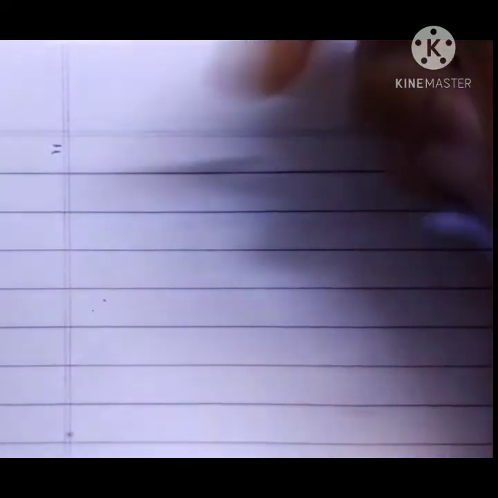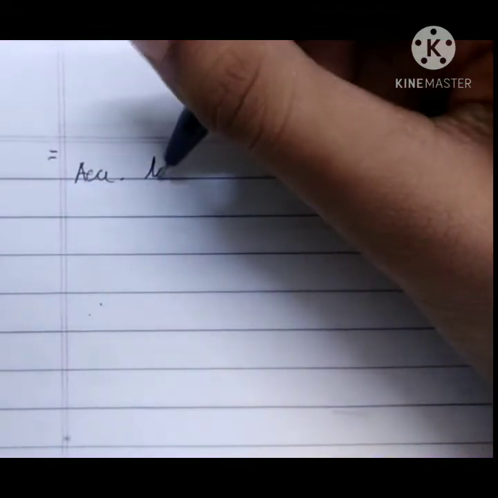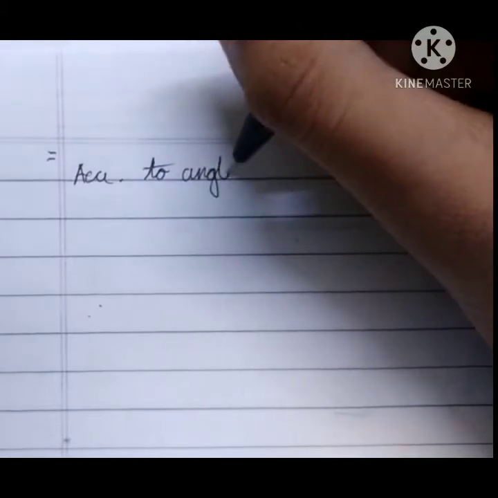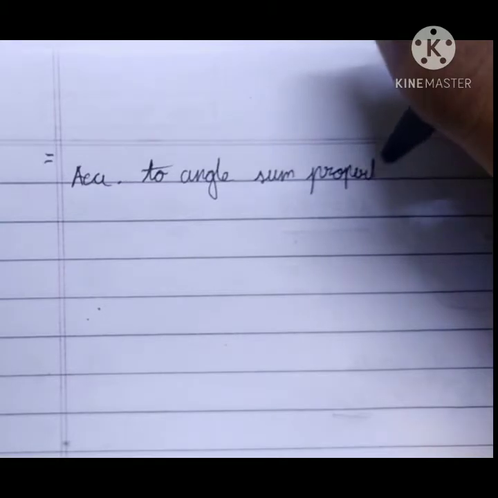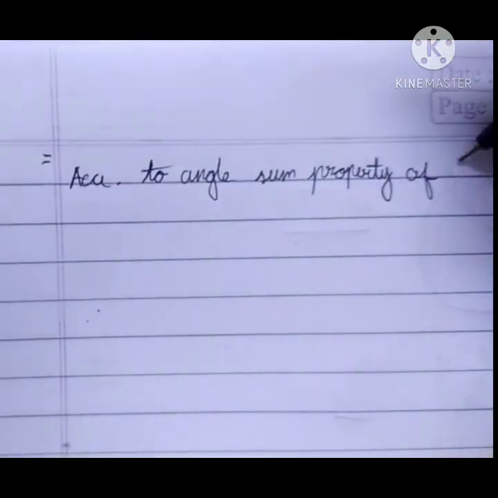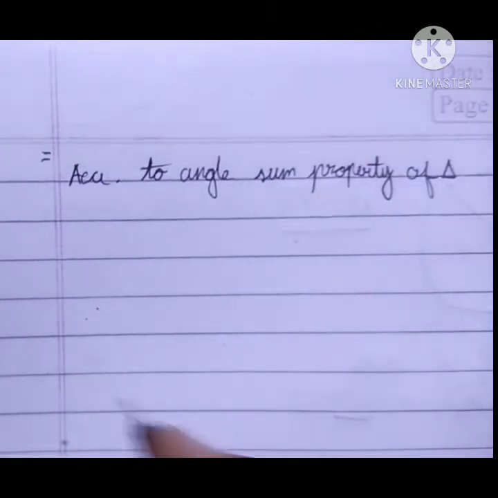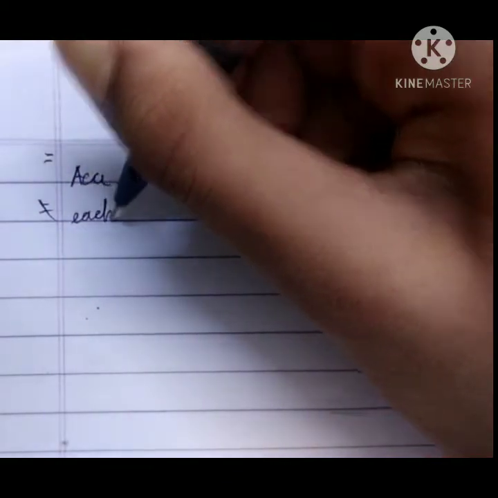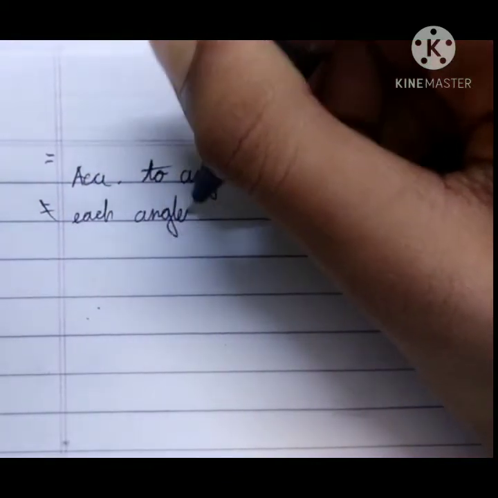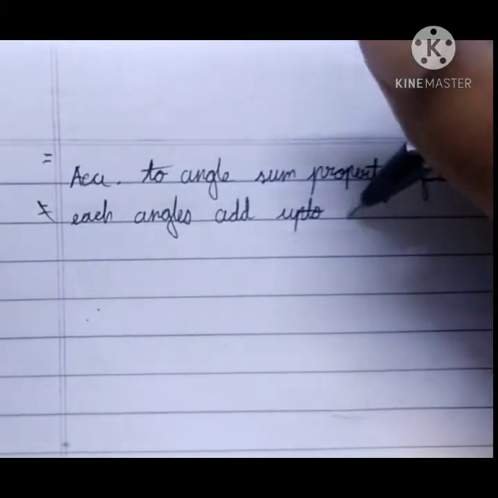In this question, angle D and angle A will help us find angle E. According to the angle sum property of a triangle, all angles add up to 180 degrees.